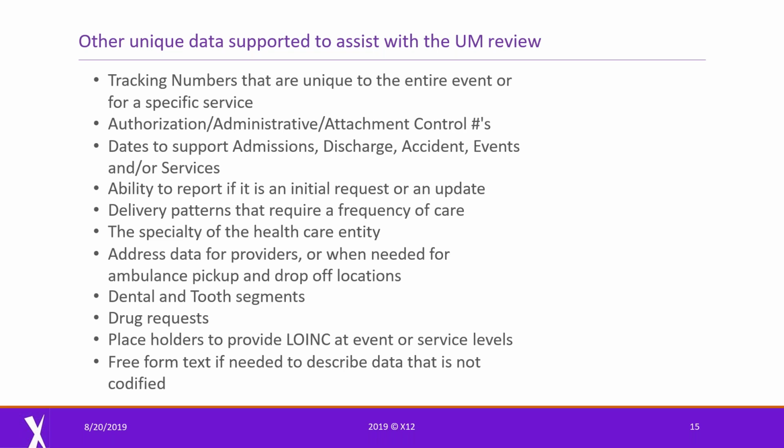Those tracking numbers are basically just to keep everything in sync within different systems. There are also different numbers associated in the 278, like the authorization number, the administrative numbers, or, as I just described, the attachment control numbers as well. So there are different segments that you use these different numbers for, just to keep everything straight.